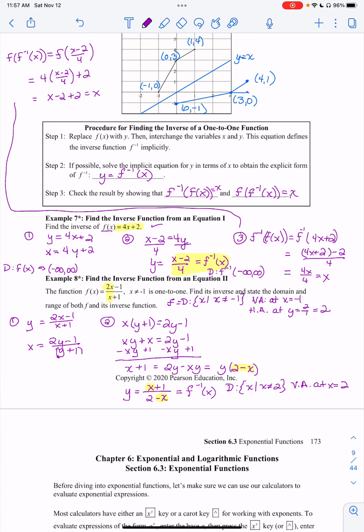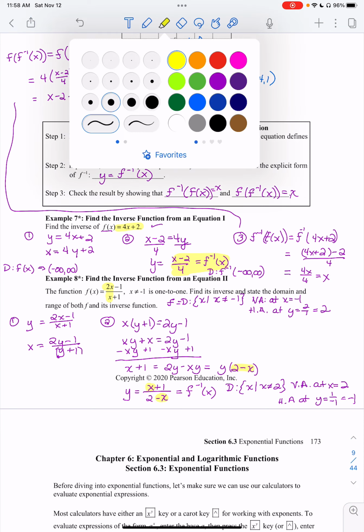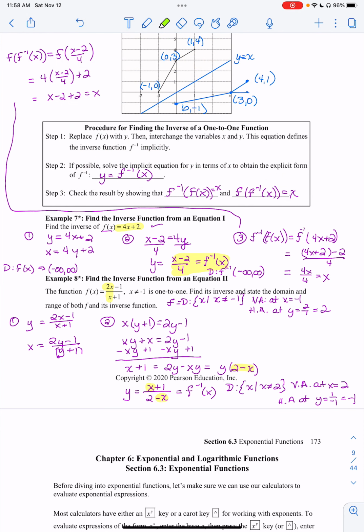I'm going to also have a horizontal asymptote at y equals 1 over negative 1, which is equal to negative 1. Now, if you take a second right here and look, you'll notice that my vertical asymptote and my horizontal asymptote have flipped. Okay? So that's kind of neat.